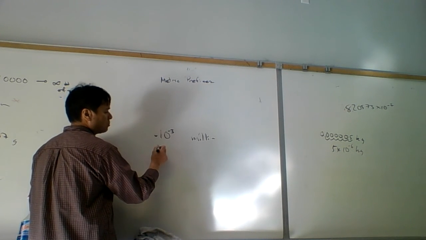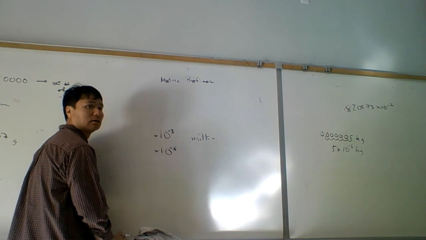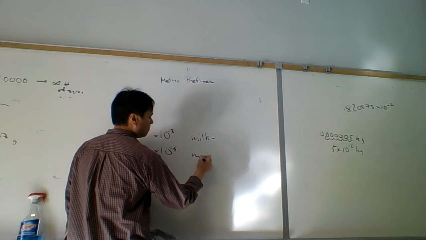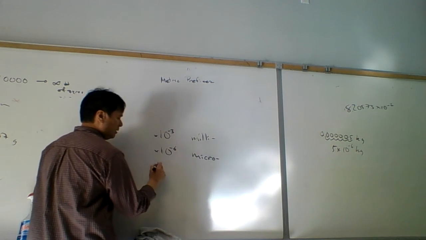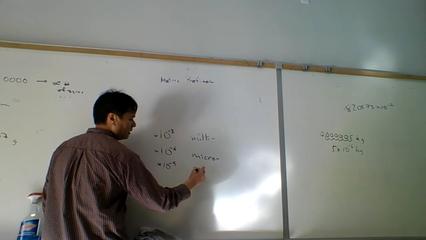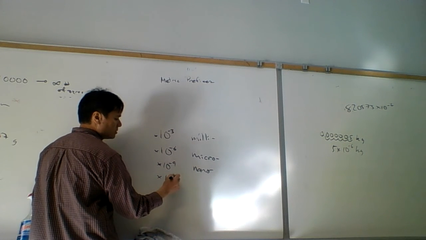So if we go smaller, like 10 to the minus 6, do you know what we call that? No, close. We call it micro. 10 to the minus 9, you'd be right. That would be called a nano. 10 to the minus 12.